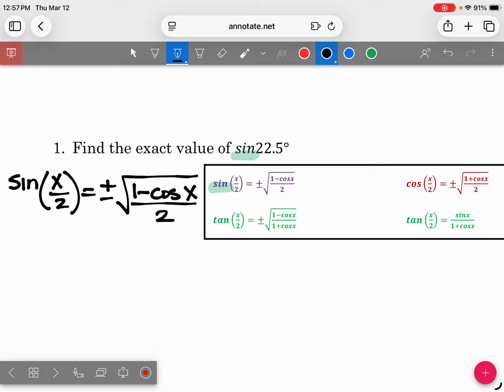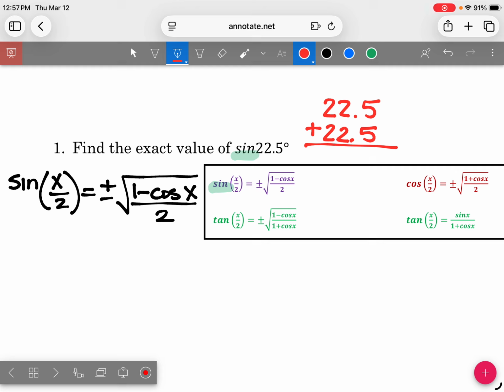But we have to figure out what angle on the unit circle divided by 2 is 22.5. Okay? Some of you may automatically see what it is. If not, you just add it to itself. So if you take 22.5 plus 22.5, that should tell you the angle on our unit circle that we're going to work with.